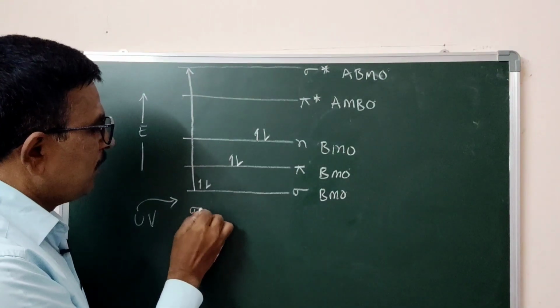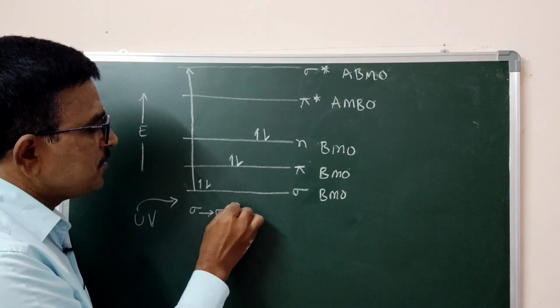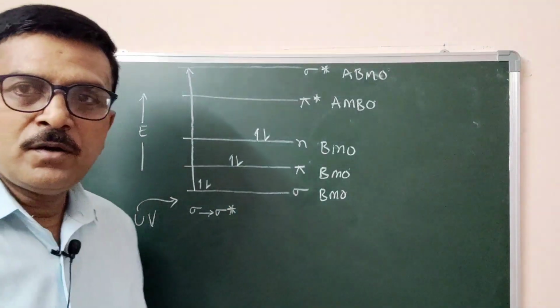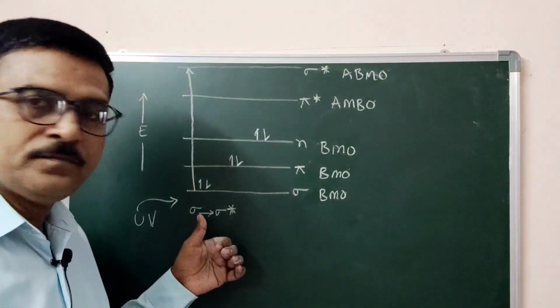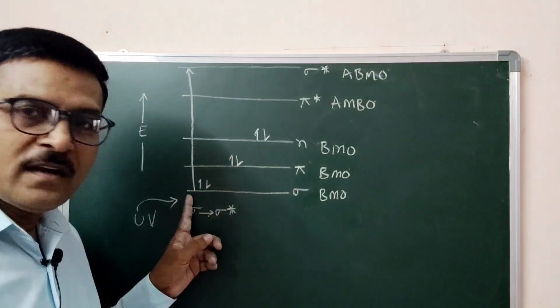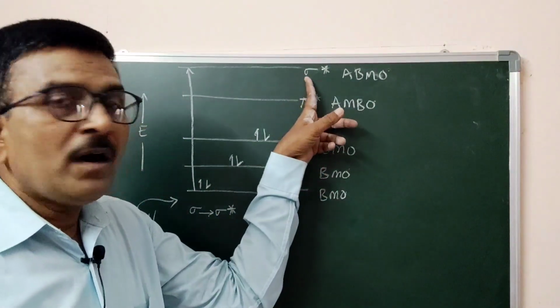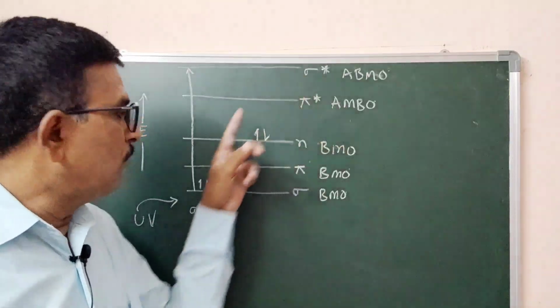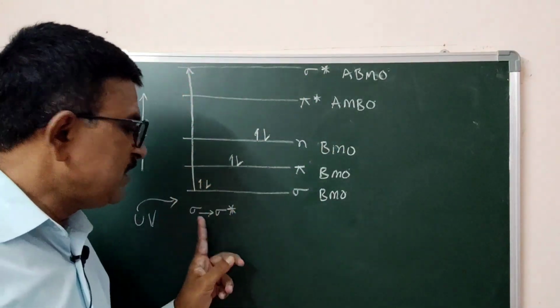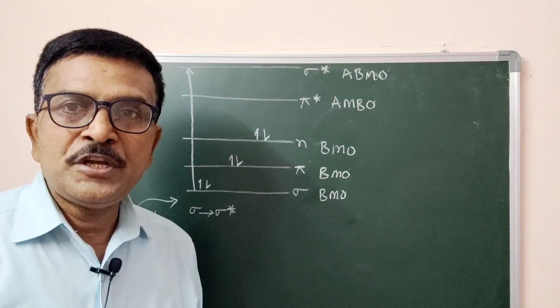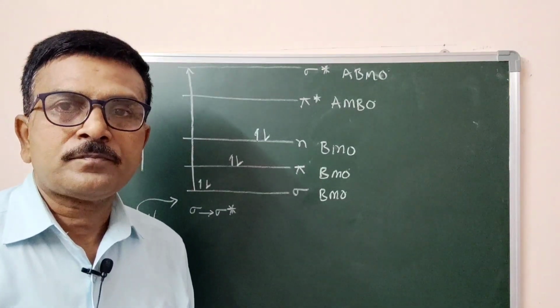This is called the sigma to sigma star transition. Are you following? The electron is shifting from the sigma BMO to the sigma anti-bonding molecular orbital. This transition is called the sigma to sigma star transition.